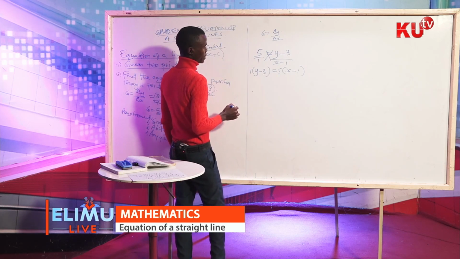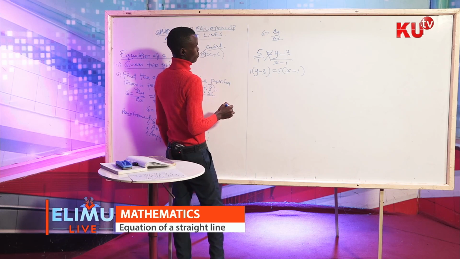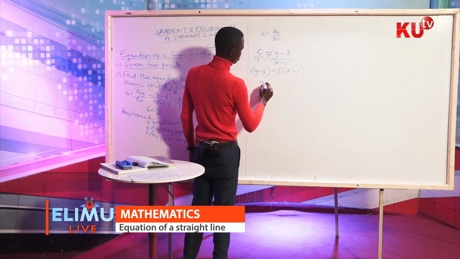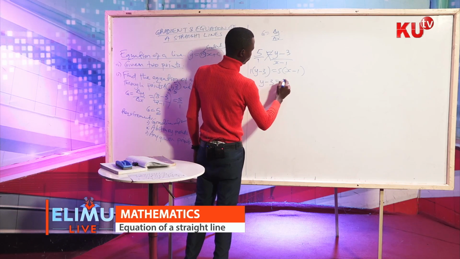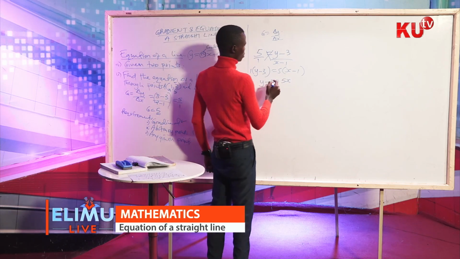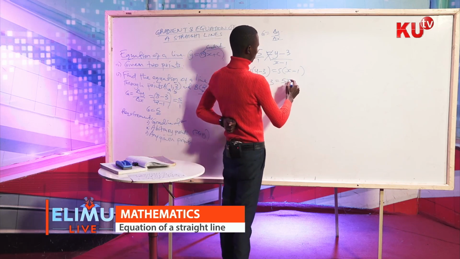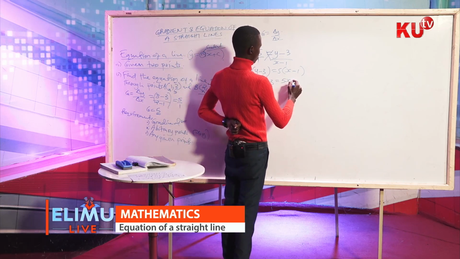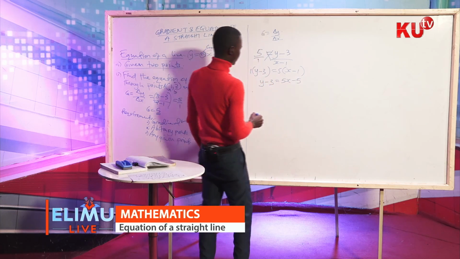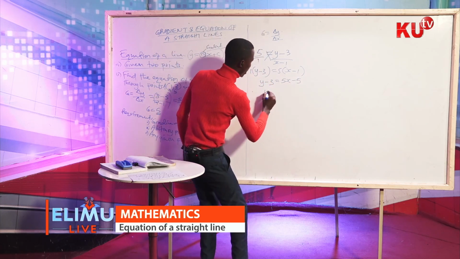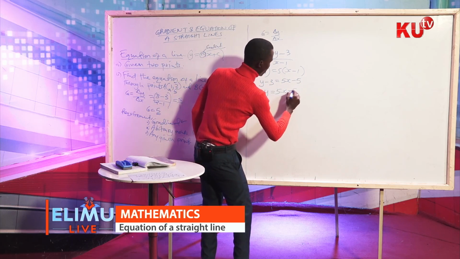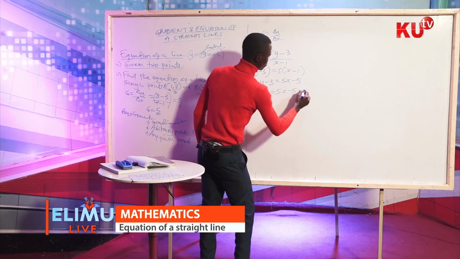5 into x minus 1. So we are going to have y minus 3 equals 5x minus 5. So what do we have? y will be 5x minus 5 plus 3.